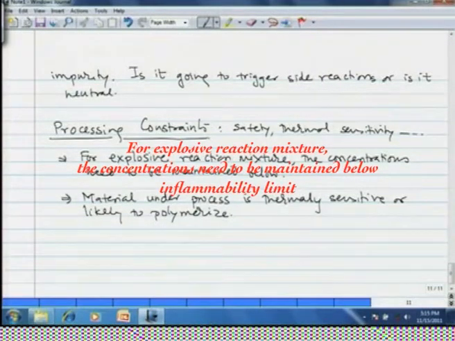For example, for a thermally sensitive material, we cannot go for very high temperature because the reactant may decompose before it is converted into product.